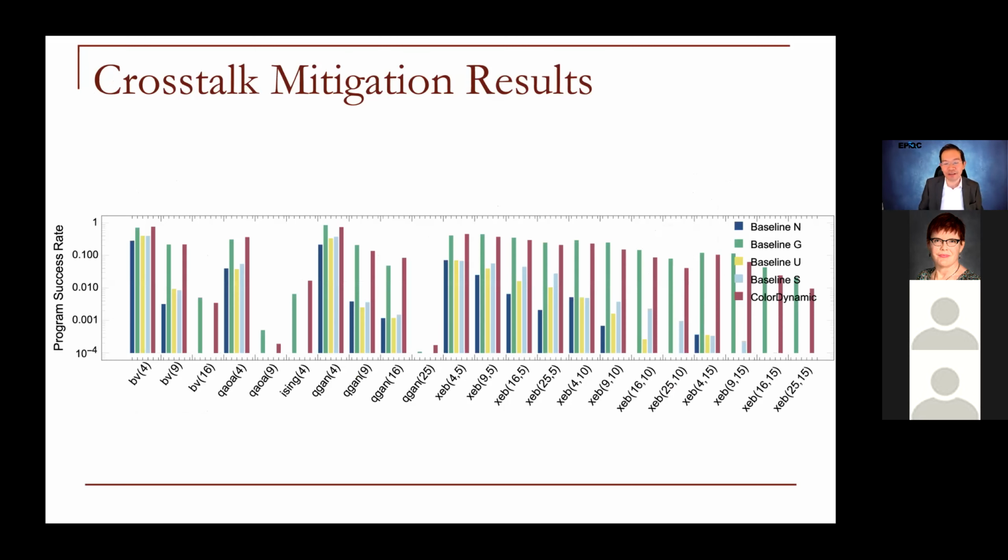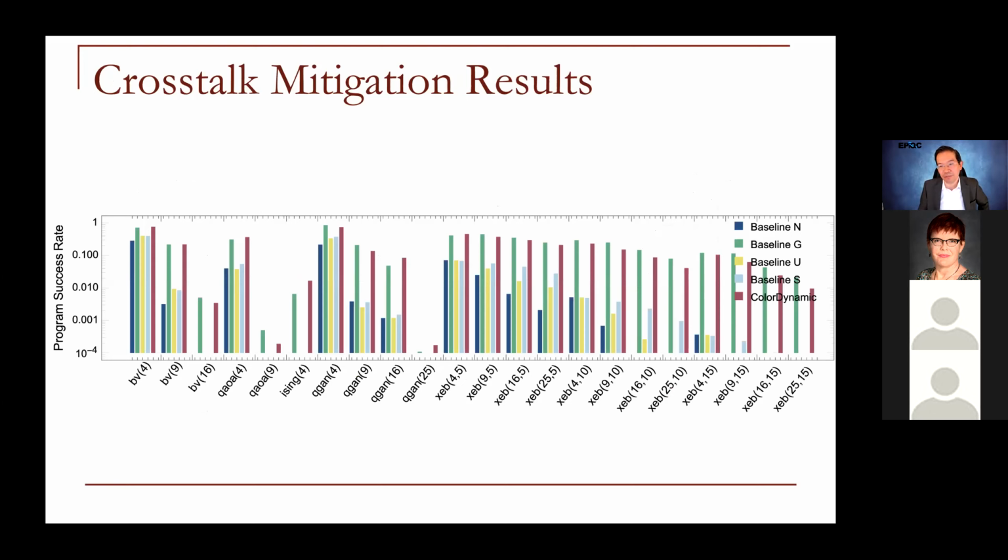And the result of our approach is for a number of different small circuits. If we compare the blue bar, which is the IBM-like fixed frequency machine, so fixed qubits and fixed couplers, versus our best approach, which is the red bar, you can see the red bar is always significantly better than the blue bar, where higher is better in this graph.